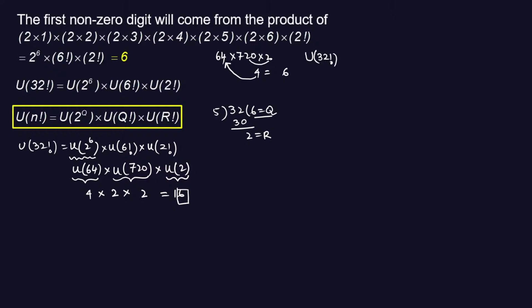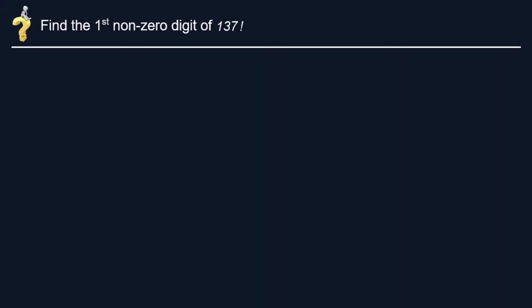Let me take one example. See this question: find the first non-zero digit of 137 factorial. What to do? First step, divide 137 by 5.